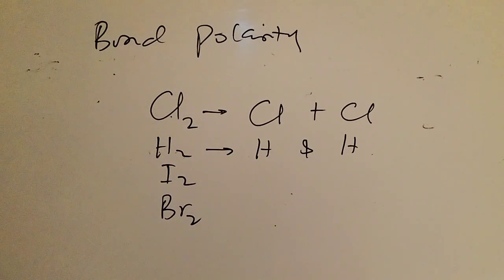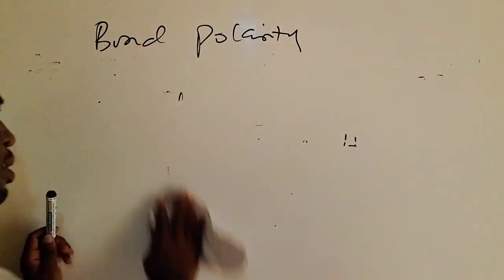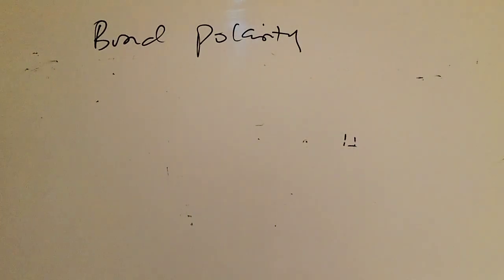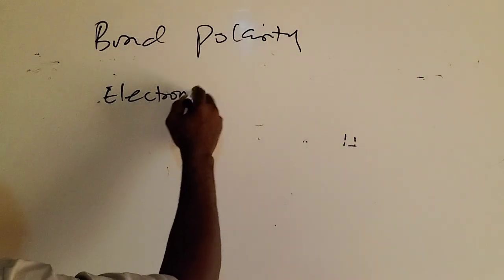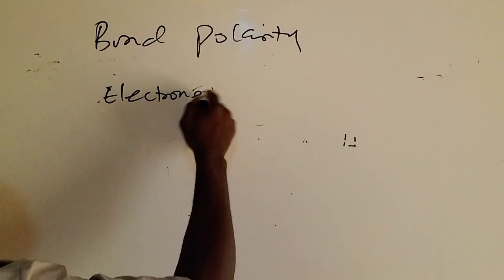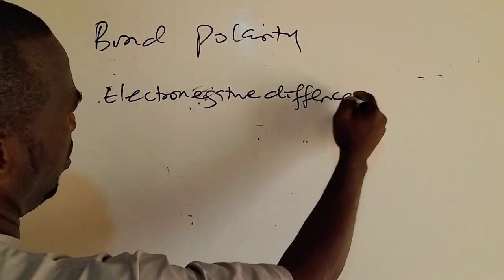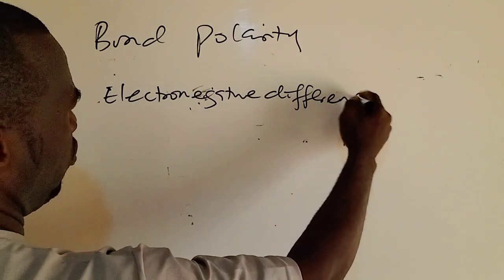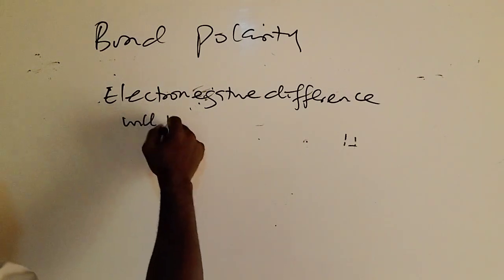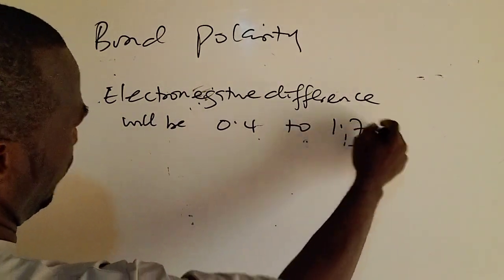Then, how do we predict what range of electronegativity difference can make a bond polar? For a bond to become polar, the electronegativity difference between the two atoms will be in the range 0.4 to 1.7.